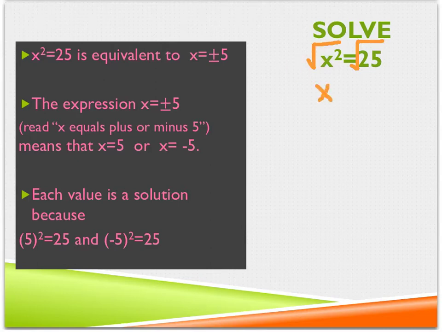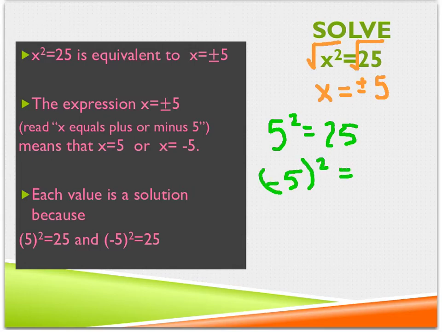So that's x equals, well, what is the square root of 25? Well, the square root of 25 is 5, but remember, I have to take into account that positive and negative value that I can square. So remember, because 5 squared is 25 and so is -5 squared, I have to have both of those as my solution.